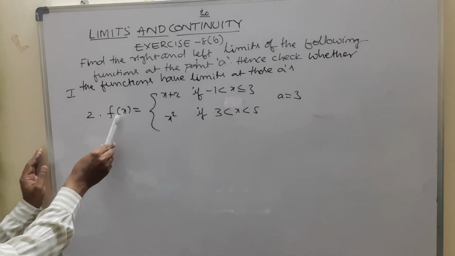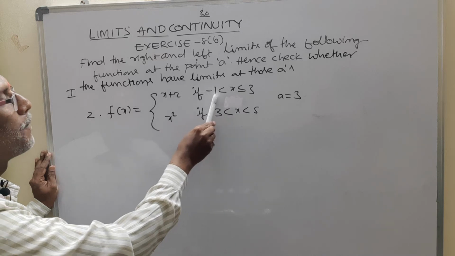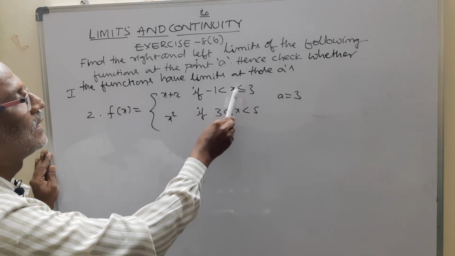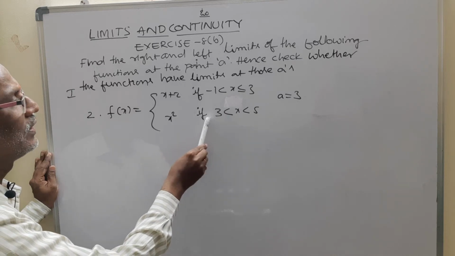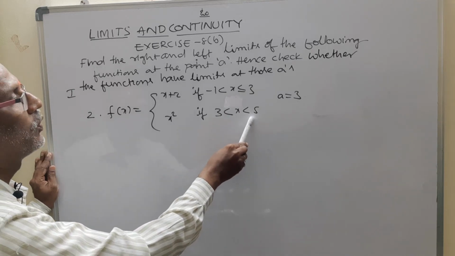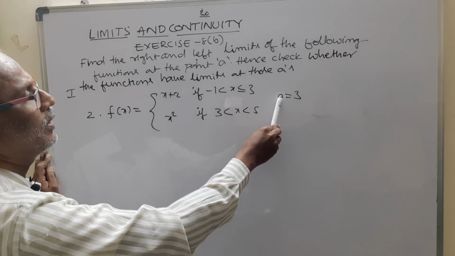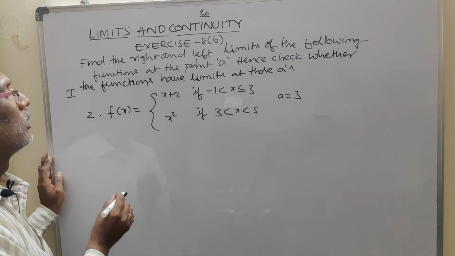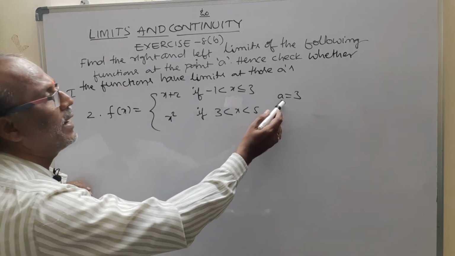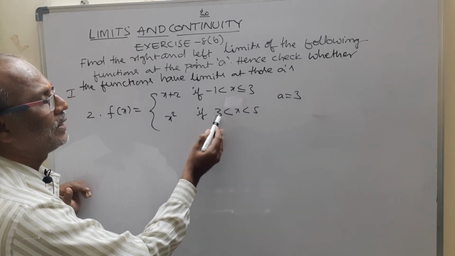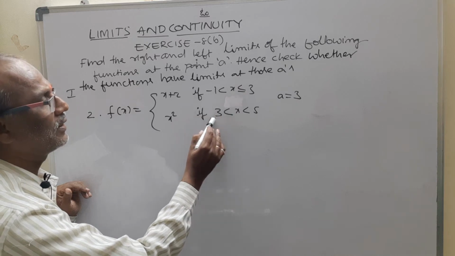Second question, f of x equals x plus 2 if minus 1 is less than x less than or equal to 3, and x square if 3 is less than x less than 5. To find the right hand limit and left hand limit at a is equal to 3. Here we observe that 3 less than x means x greater than 3.